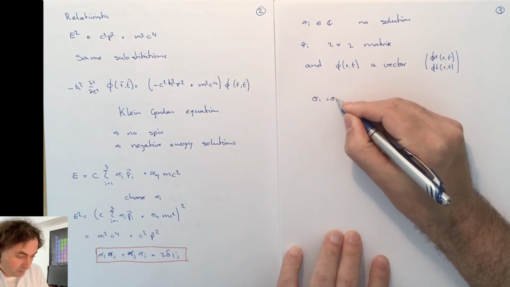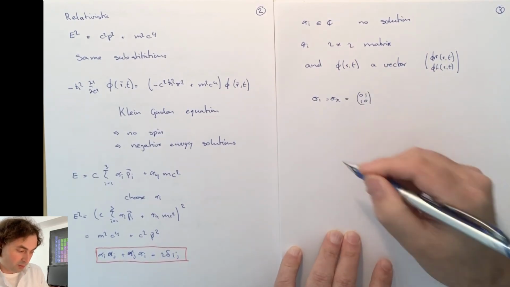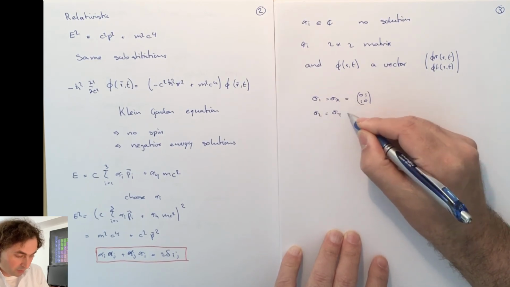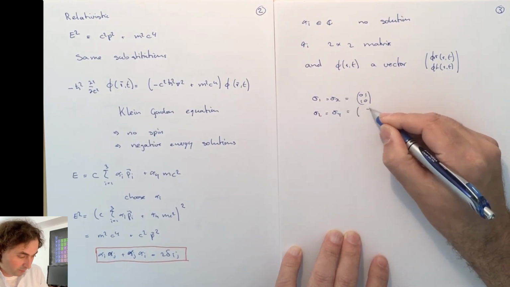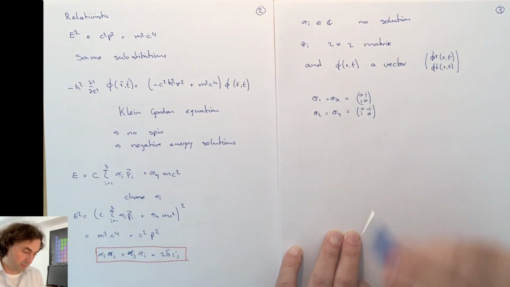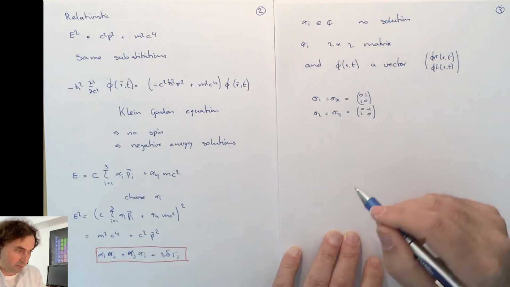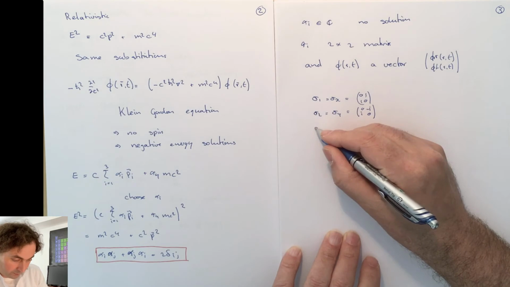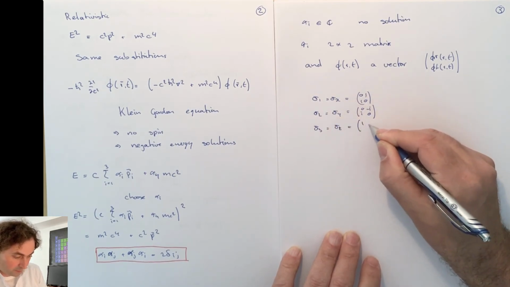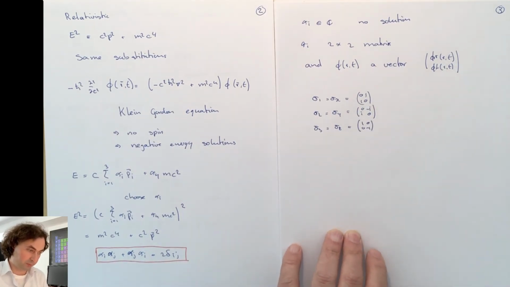So sigma 1, or sigma x, is 1s on the off diagonal, sigma 2, sigma y, is the antisymmetric Hermitian complex matrix with i on the off diagonal, and sigma 3, sigma z, is the diagonal matrix with a 1 and a minus 1.